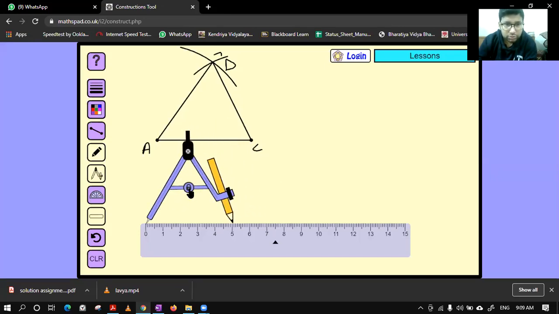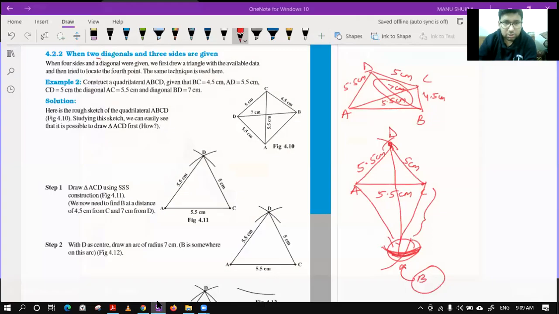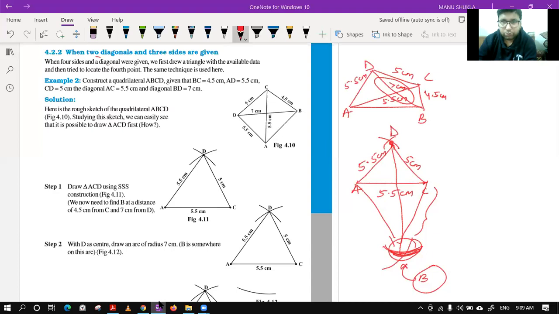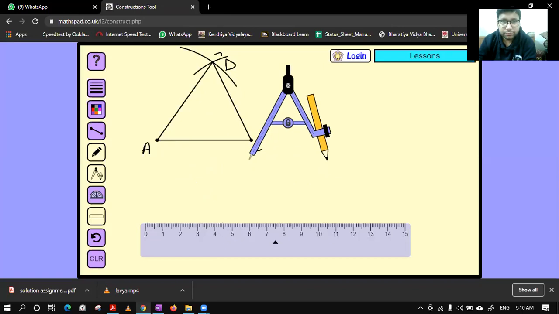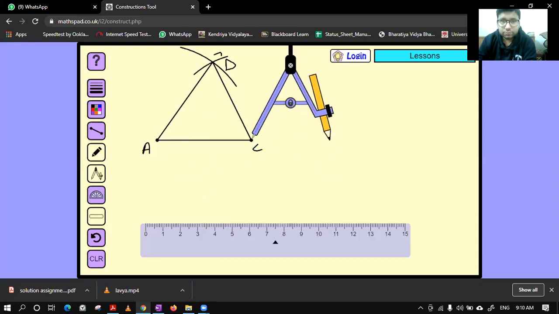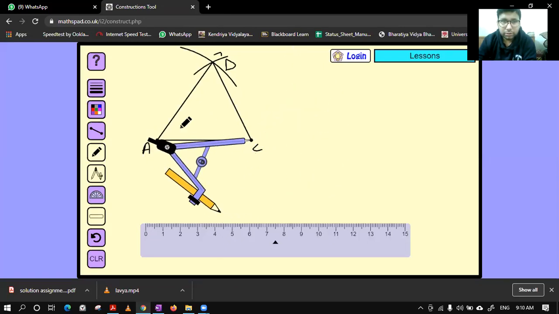Class, what is the length of CB? The length of CB is 4.5. Let's make it 4.5 and lock it like this. Bring it here.